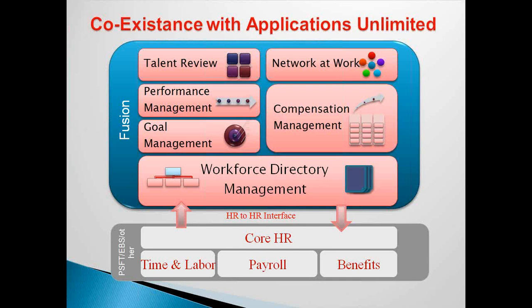They don't have right now the performance management or goal management. So instead of implementing those as the e-business or PeopleSoft, now because the cloud solutions are available, they want to try out Fusion performance management or Fusion compensation management. So they can do so. So only the Fusion performance management, goal management, talent review, and compensation management. These are only available as the coexistence scenarios.